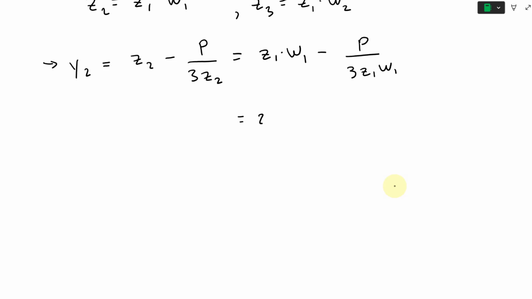So this becomes W1 Z1 minus, and I'll put the W2 in front, so W2 times P over 3Z1. Alright, so we got this.